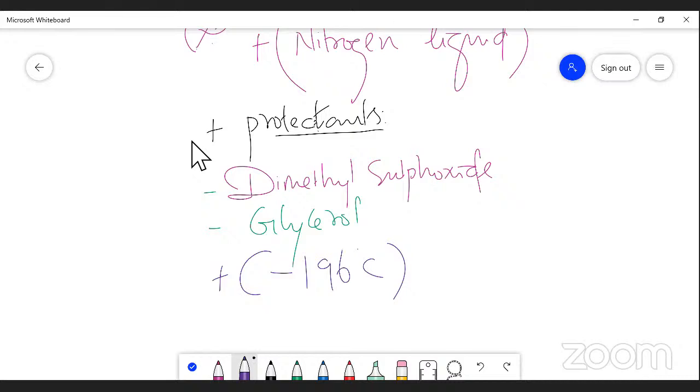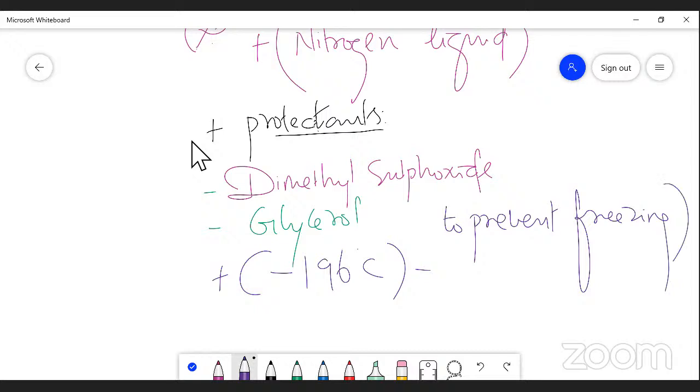They are used simply to prevent the freezing effect from the cooling temperature, right? So that's why we are using some protectants, dimethyl sulfoxide and glycerol.